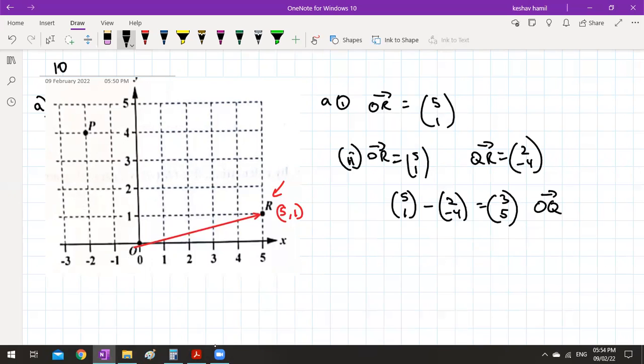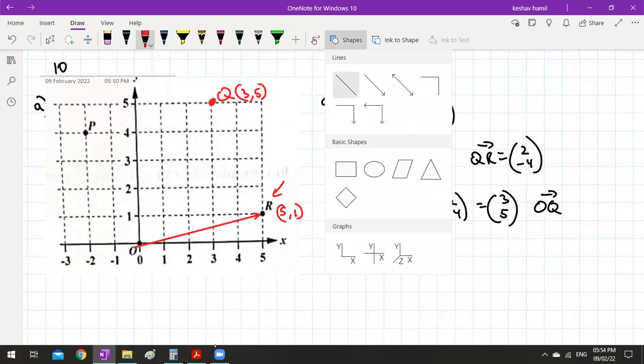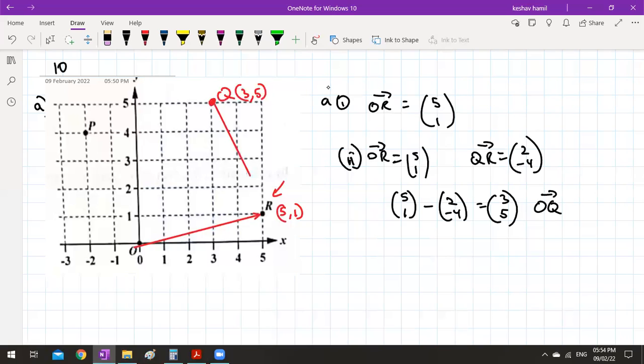And how do we plot that? Just as we see it, 3 on the X and 5 on the Y. So this will be Q here. Q is 3, 5. Now, how do you know if you're correct? The vector from Q to R is 2, negative 4.